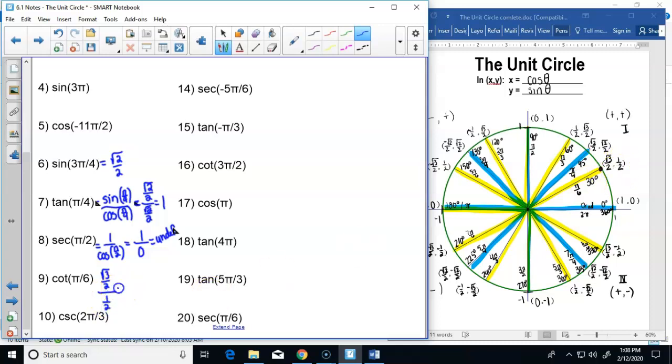Oh, I don't want to leave it like that. That looks terrible. What do I have to do when I have fractions over fractions? Split the second and multiply. So I'd get square root of 3 over 2 times 2 over 1. Those 2's right there can cancel, and I just get square root of 3. Okay? Or you could write square root of 3 over 1, but you don't have to put it over 1.